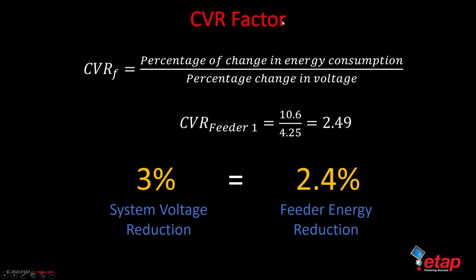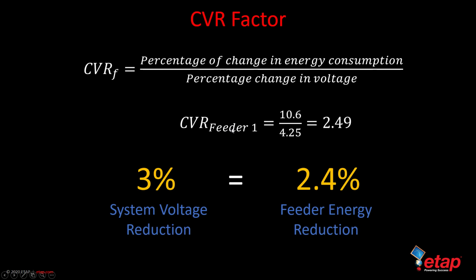Which brings us to an important factor, which is known as a CVR factor. How do I know that my conservative voltage reduction is performing optimally? So the CVR factor is essentially the percentage change in energy consumption divided by the percentage change in voltage.